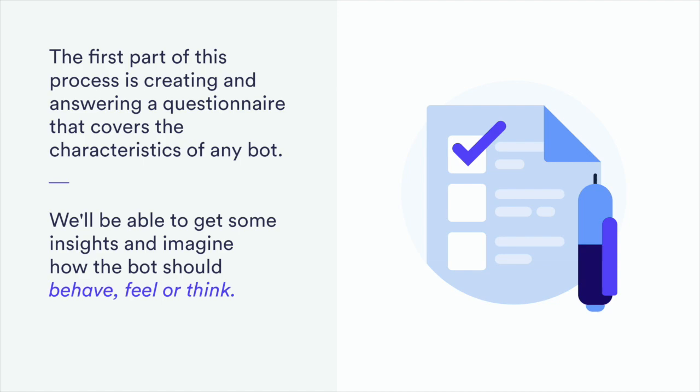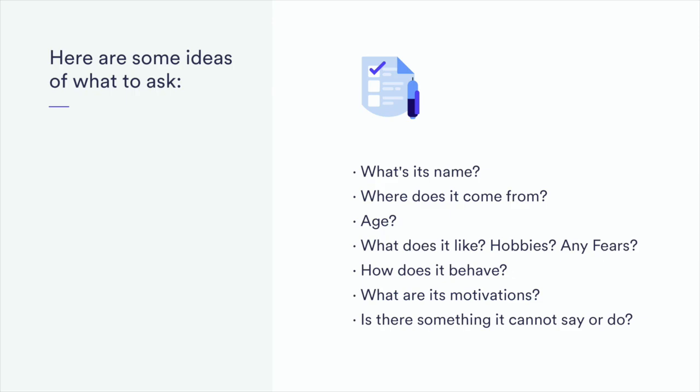It's important that everyone is involved throughout the process. And here are some ideas of what you might want to ask. You can ask what its name is, where does it come from, the age, what does it like, does it have any hobbies, any fears, how does it behave, what are its motivations, is there something it cannot say or do?